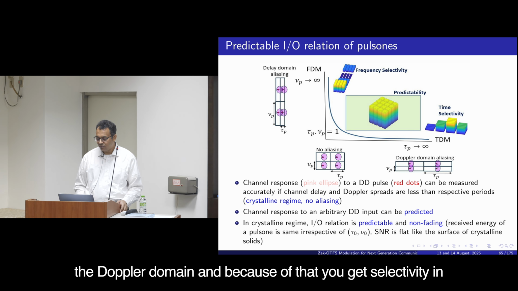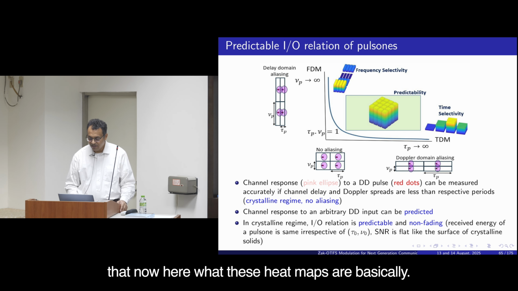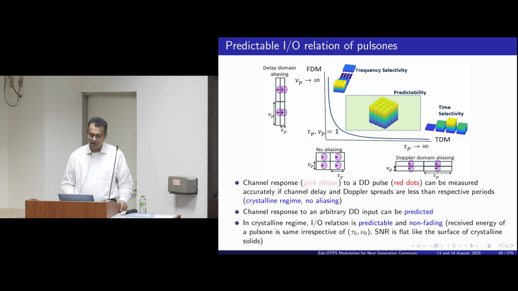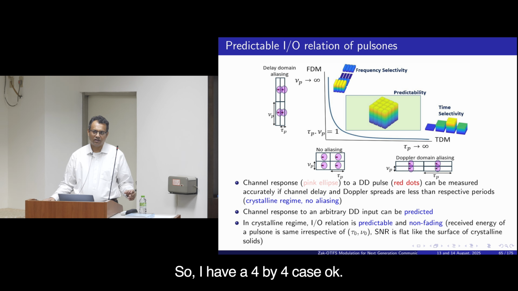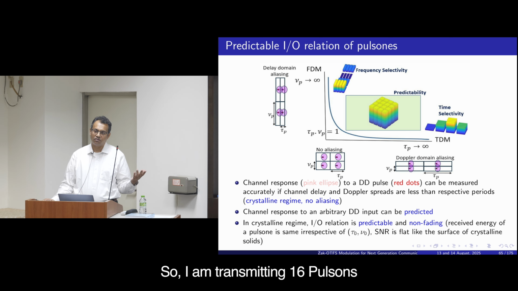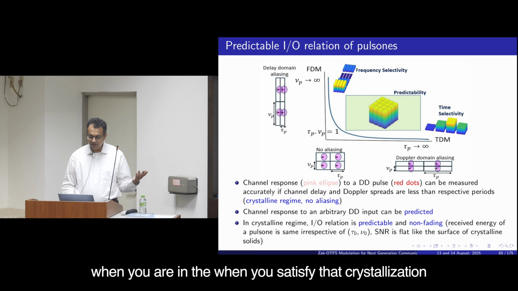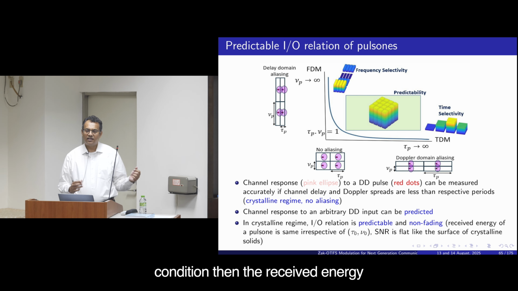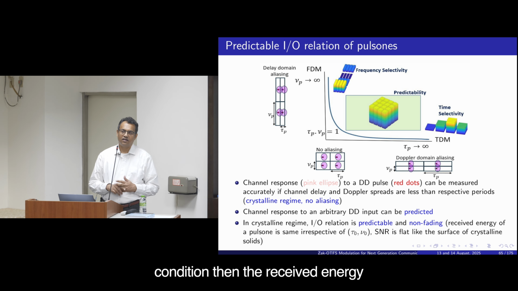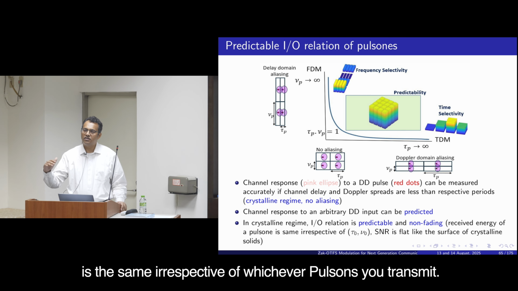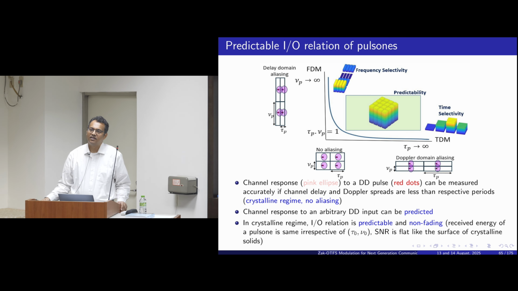And because of that you get selectivity along the delay, which means that these heat maps are basically, so I have a 4 by 4 case, okay. So, I am transmitting 16 pulsons. When you satisfy that crystallization condition, then the received energy is the same irrespective of whichever pulson you transmit.